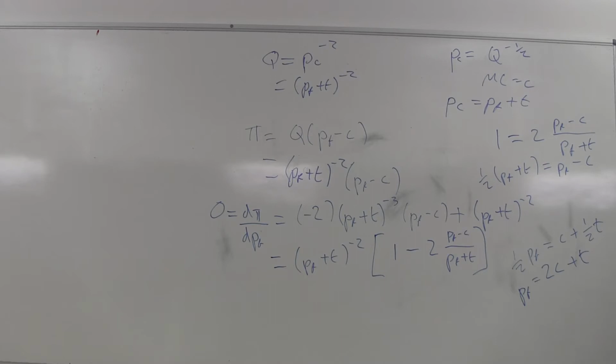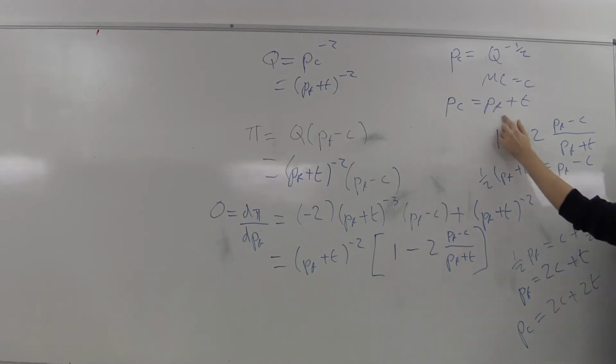So the firm, if you like, is setting this PF. And this is PC. Maybe this is the way to think about it. PC is going to be 2c plus 2t, right? Because PC is PF plus t.